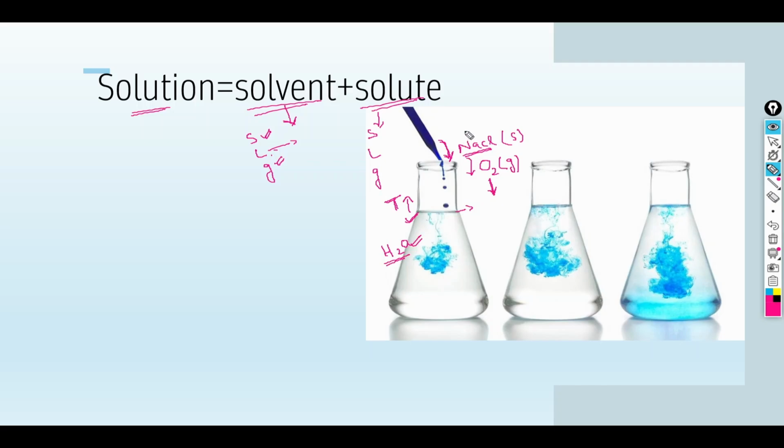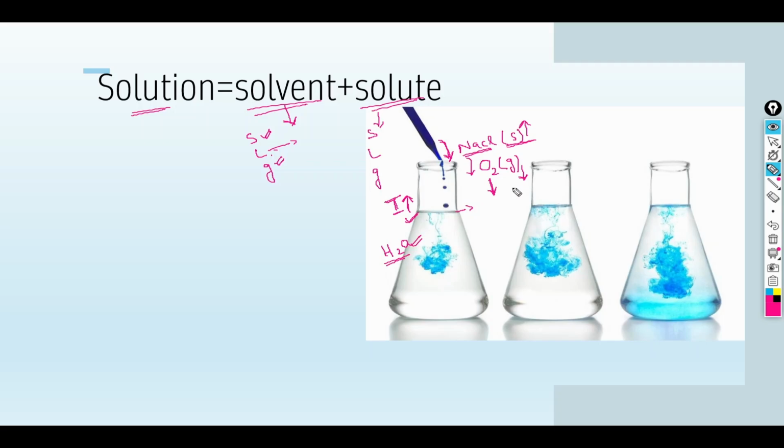So what was happening in case of NaCl? If we increased the temperature, then the solid was dissolving more. But in case of a gaseous solute, if we increase the temperature, then the solubility of the gas in water decreases. There will be a few exceptions.